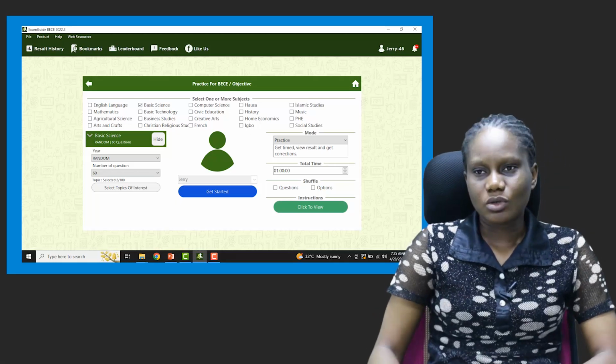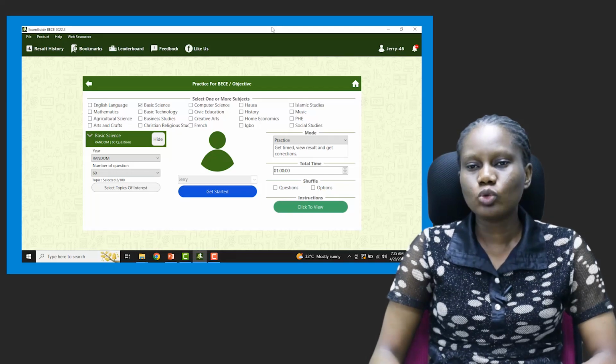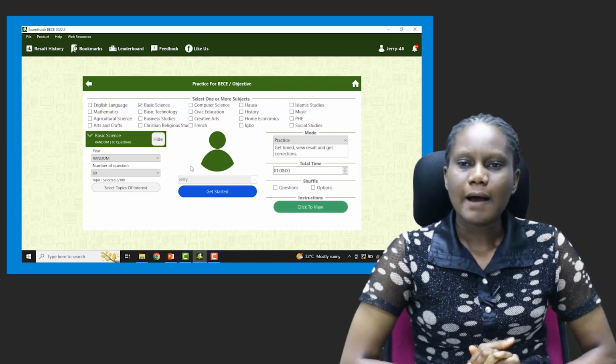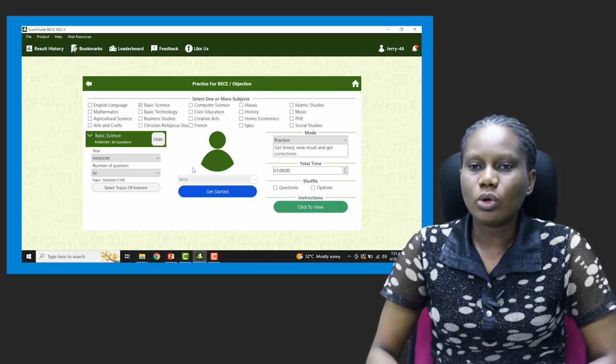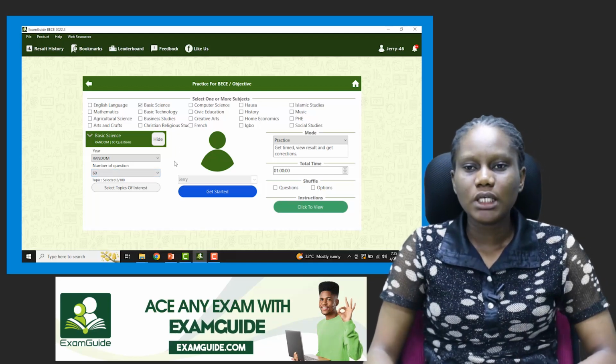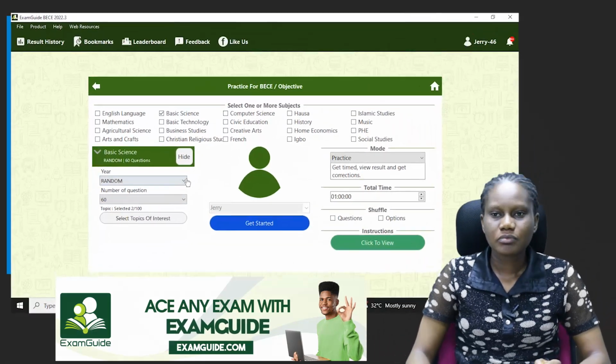So we want to look at some questions in the ExamGuide app. When you get to this app, you click on the subject, which is basic science, and you click on the year.